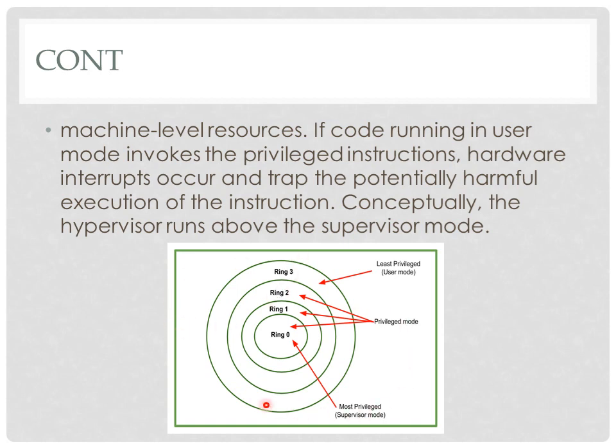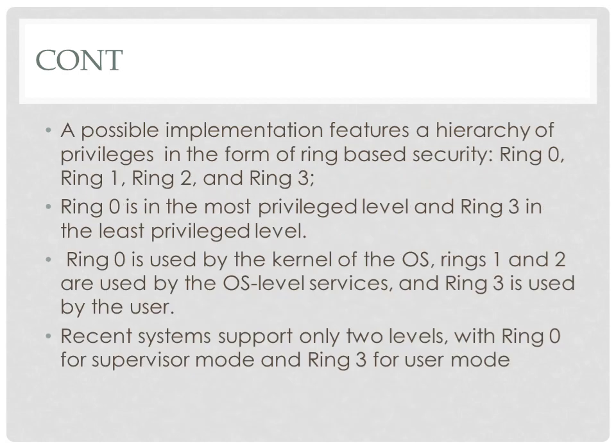Here is the diagram of the security ring: ring 0, ring 1, ring 2, ring 3. Ring 3 is the least privileged mode and it is the user mode. Ring 0 is the most privileged mode and it is the supervisor mode. Ring 1 and 2 are privileged modes. A possible implementation features a hierarchy of privileges in the form of ring-based security.